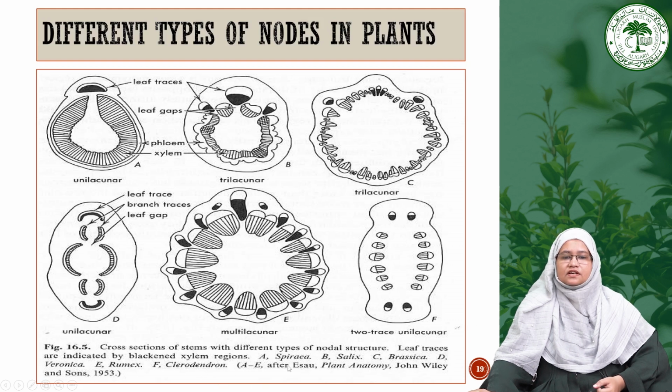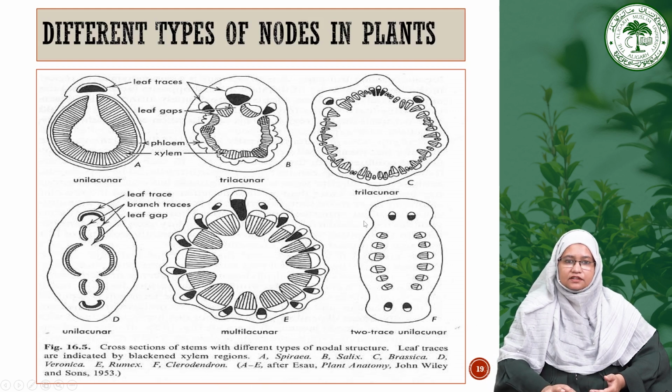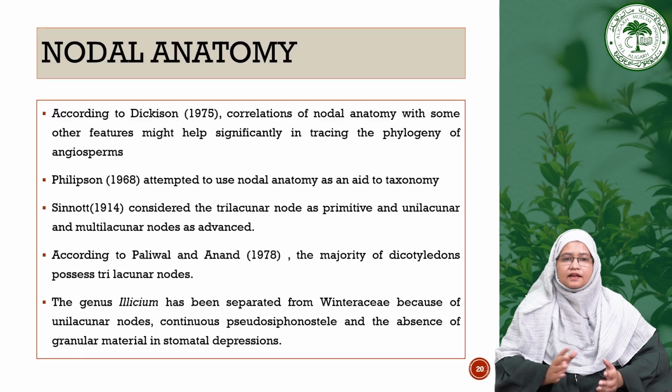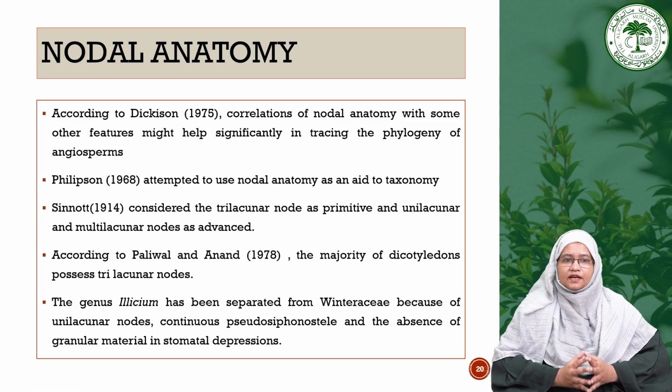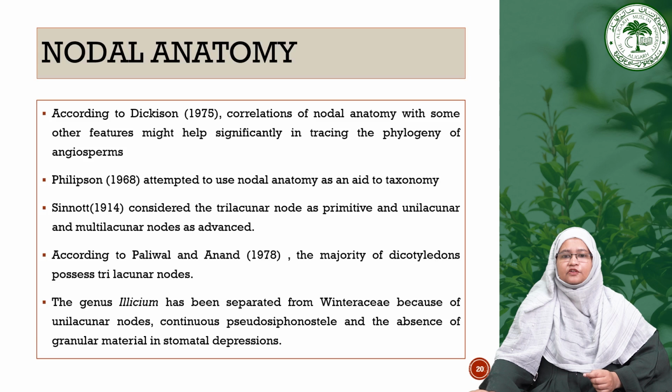So you can see there is quite a variation in the type of nodal anatomy, and according to Dixon, the correlation of nodal anatomy with some other features might help significantly in tracing the phylogeny of particular angiosperms. And Philipson attempted to use nodal anatomy as an aid to taxonomy.